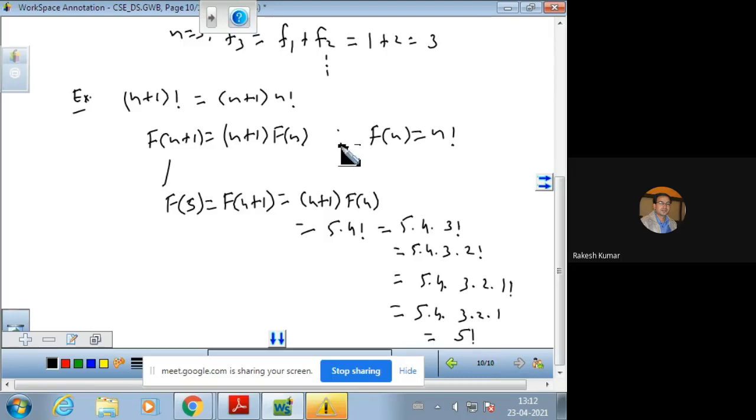So this is a sort of recursive definition, and we can say that it is well defined by using the previous one. Just see, for finding f5 we require f4 here. And for finding f6, we must require 6 into f5. We require f5 and so on. So for finding the current value, we require the previous elements or the initial values.